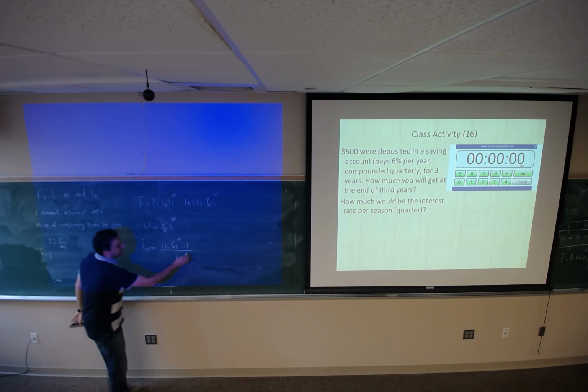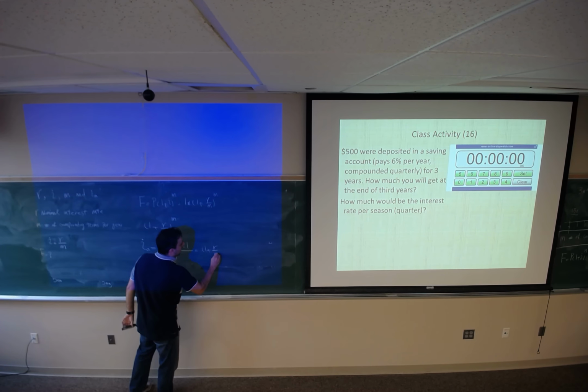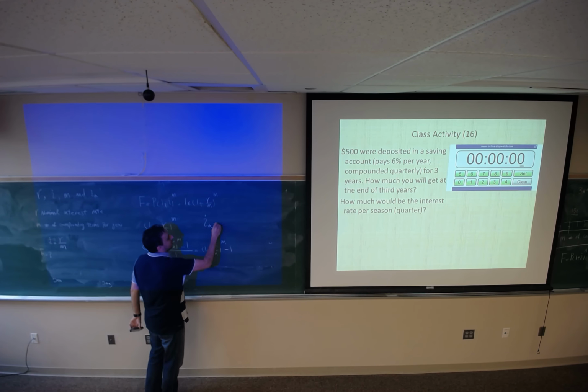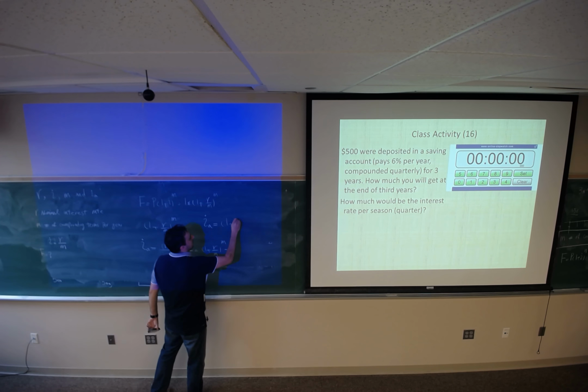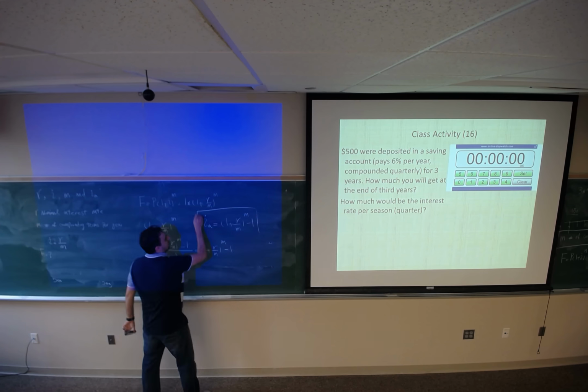So it's gonna be 1 plus R over M to the power of M minus 1, divided by 1. So I can write the effective interest rate as this.